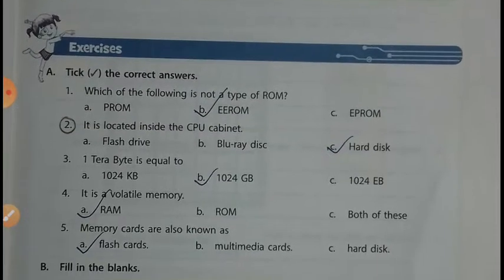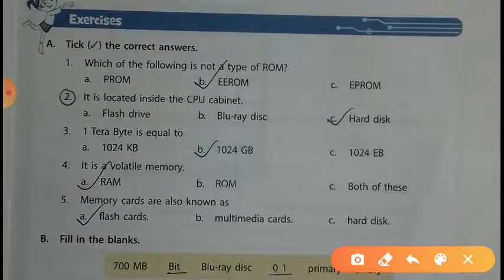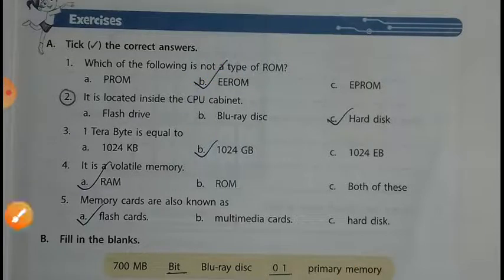Next is exercises. Okay students, exercise A is tick the correct answer. Question number one: which of the following is not a type of ROM? Dear students, option B is the right answer. EEROM is not a type of ROM.